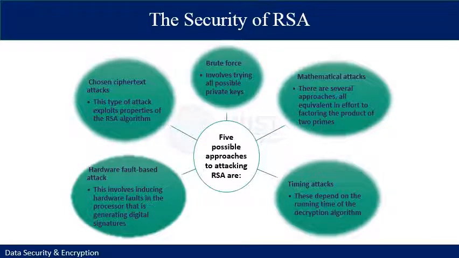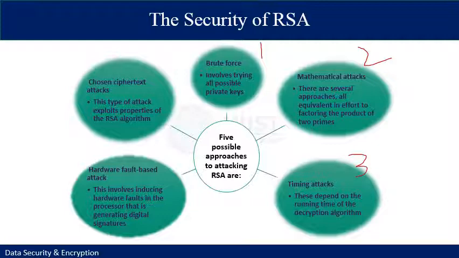To discuss the security of RSA, five possible approaches to attacking the RSA algorithm are discussed here. Number one is the brute force attack, which involves trying all possible private keys. The second form of attack on RSA is mathematical attacks, and there are several approaches, all equivalent in effort to factoring the product of two primes.